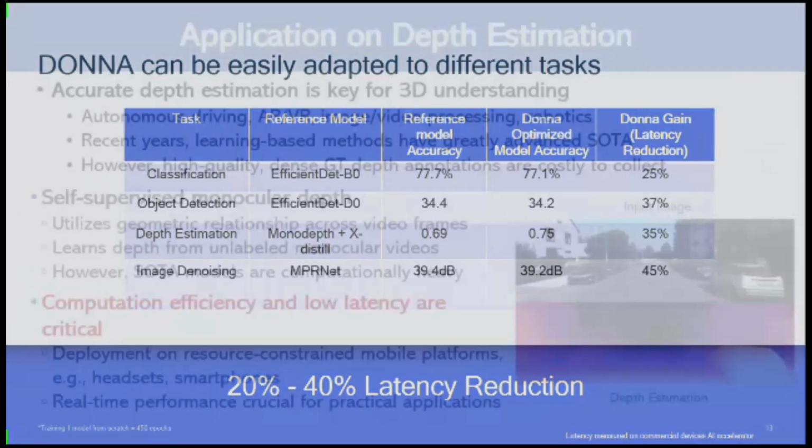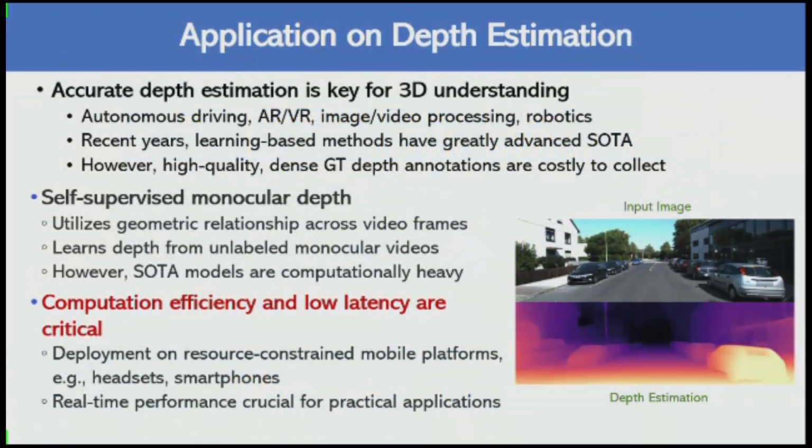Let me give you a more practical example of what DONNA can do here. If you have a state-of-the-art depth estimation model already built on your device, and this SOTA model performs well but doesn't run in real time, and you want to improve the latency and throughput so you can have a more real-time solution, here we directly plug in DONNA.